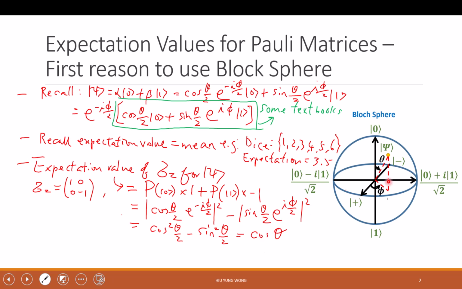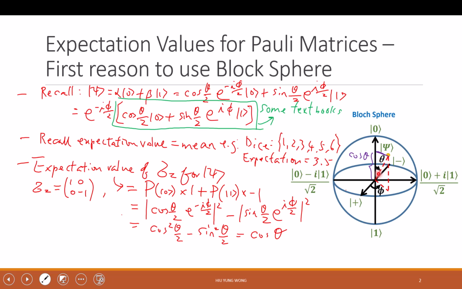And it turns out it's cosine theta. What is cosine theta here? If you look at this carefully, this is cosine theta. Because this is a unit sphere, this length is 1. And this is theta, so this is cosine theta.